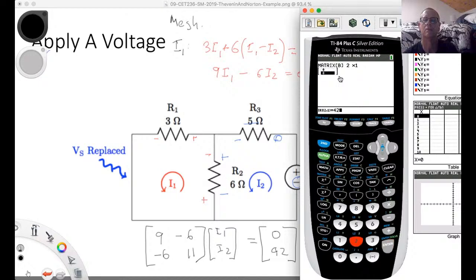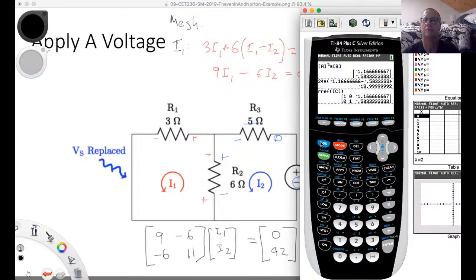Okay, and then I'm going to second matrix A inverse B. No, I didn't want to do that. I always forget that. Let's clear that, and we just quit out of that.